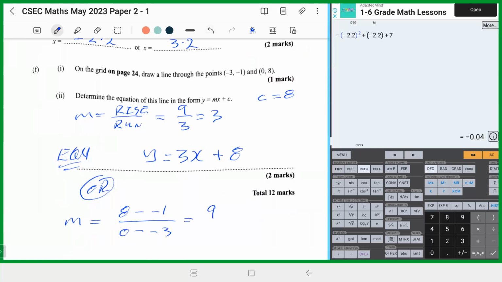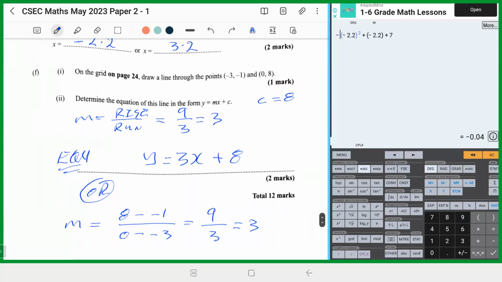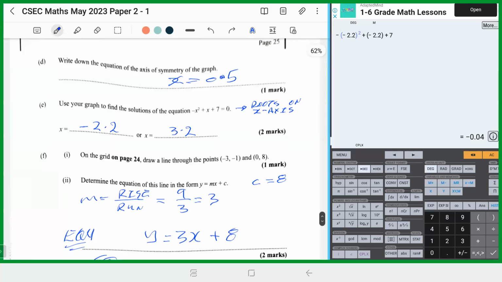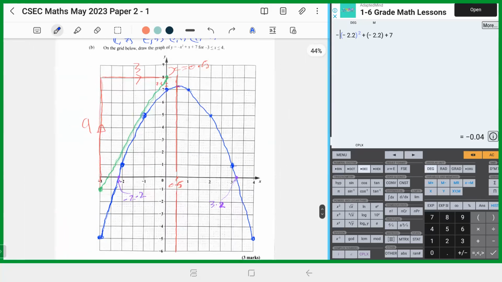So you get the same: 9, since minus minus is plus, over 3, which is still 3. That is it. So you could calculate it, but you could get it from the graph as well, rise over run. All right, so that is that one.